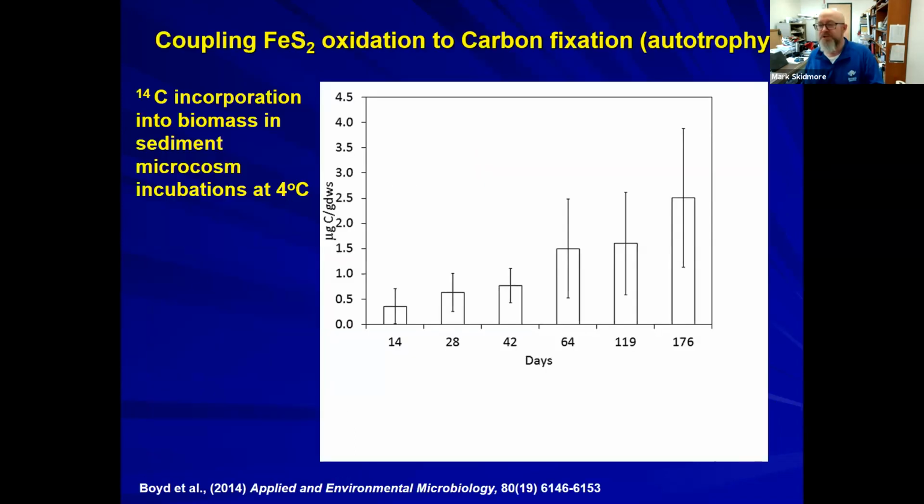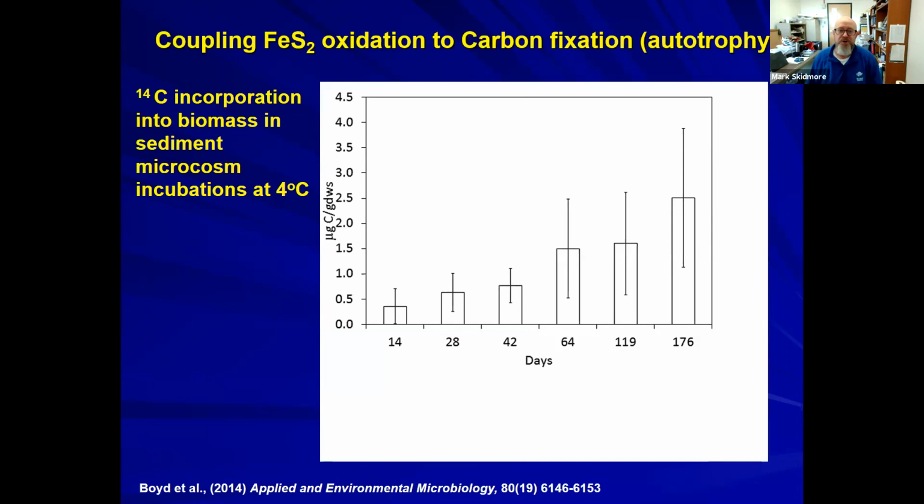In biogeochemistry, we're often interested in linking the different systems. One of the reasons we are interested in pyrite oxidation is that it allows carbon to be fixed in the subglacial environment, because we've got no light.